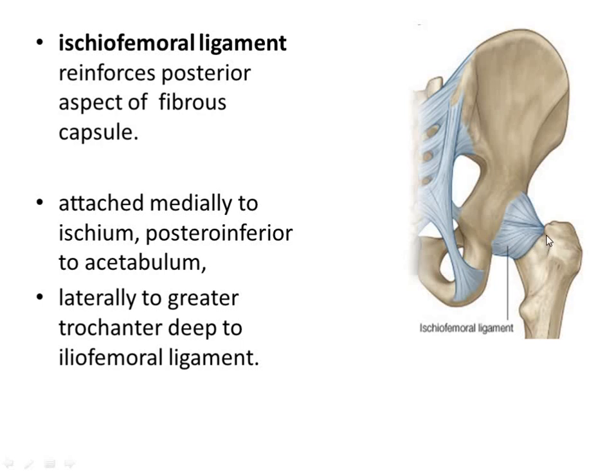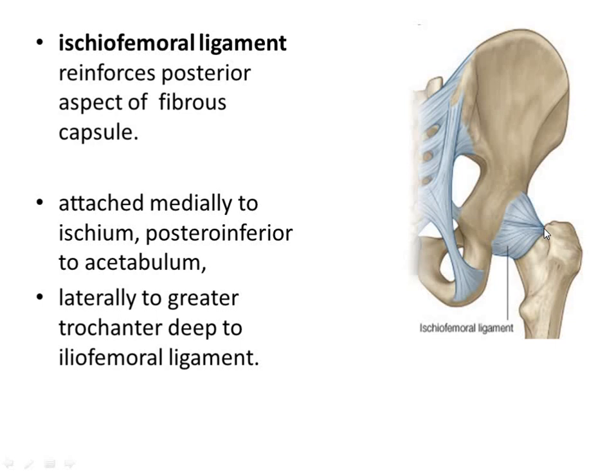So, pubofemoral as well as the ischiofemoral ligaments lie deep to the strongest ligament of the body, that is the iliofemoral. So, this is going and attaching to the greater trochanter. So, the ischiofemoral ligament is supporting the joint from the posterior side.